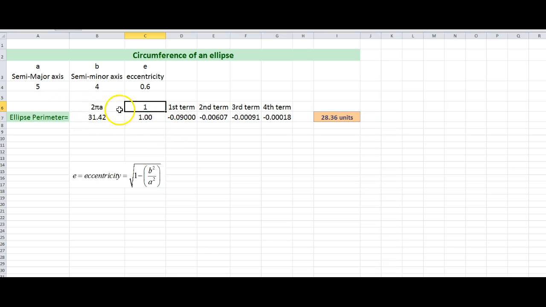Well, we got 2 pi a times the first term, the second term, the third term, the fourth term, the fifth term. These are the terms we went out to. And 2 pi is multiplied by all of that. Well, here's our ellipse perimeter, 28.63.